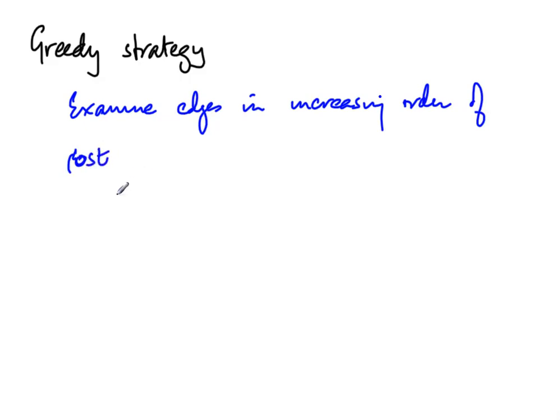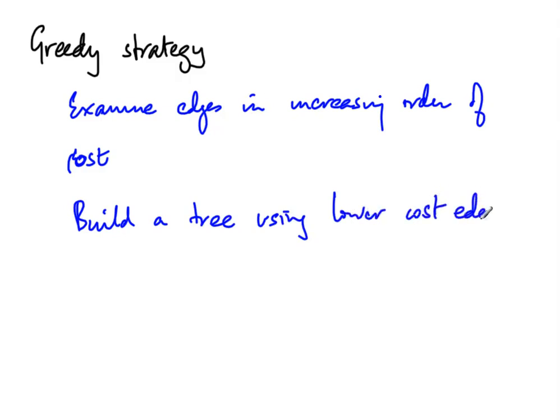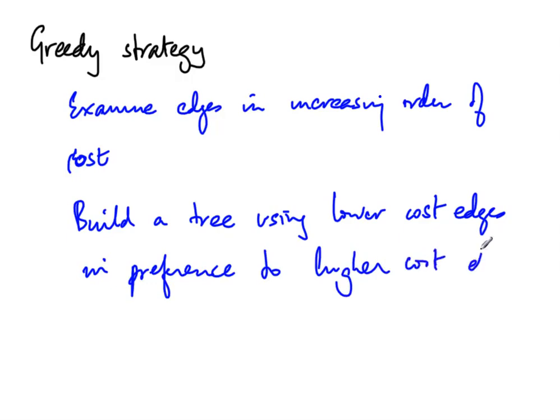And what we would like to do is we would build a tree using lower cost edges in preference to higher cost edges. Right? So this is the natural greedy strategy. We have a notion of cost associated with our tree, and so we go in increasing order of cost because we are looking for something which is of minimum cost.